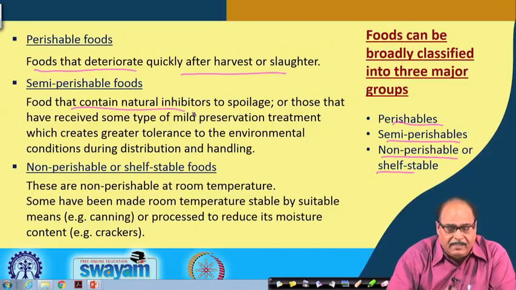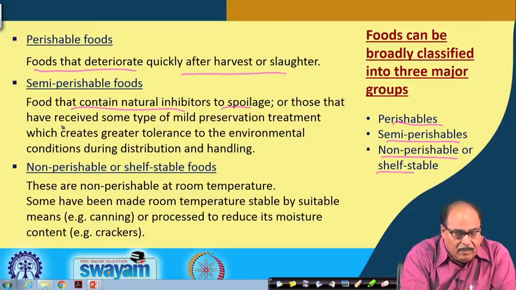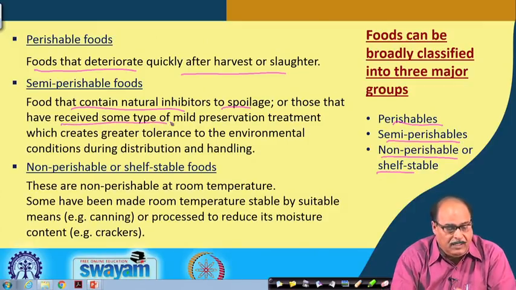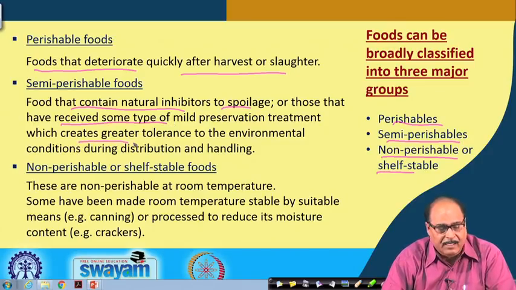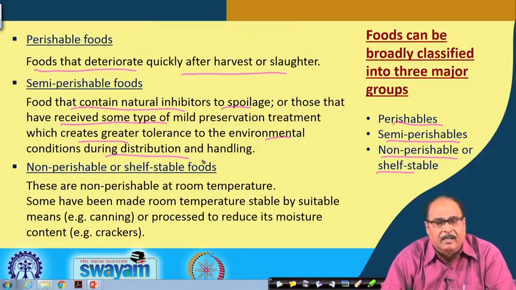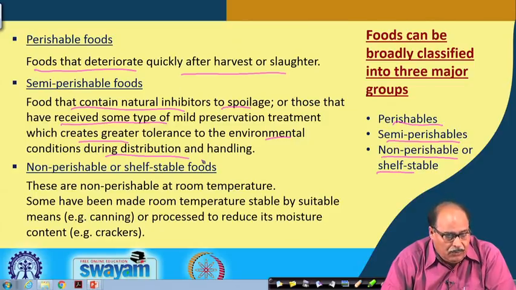Semi-perishable foods contain natural inhibitors to spoilage, or are those that have been given some type of mild preservation treatment, which creates greater tolerance to the environmental conditions during handling and distribution. The third category is non-perishable or shelf-stable food.